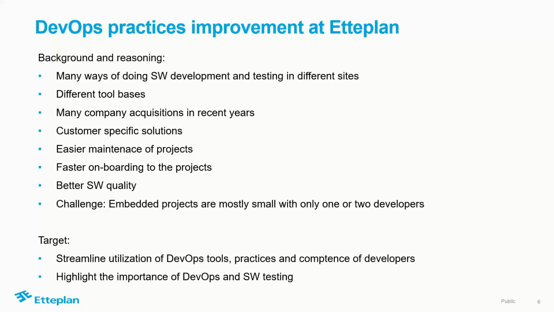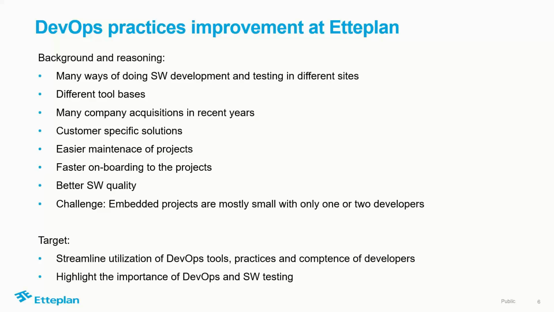So basically we had this idea that we want our practices to be improved regarding DevOps at Etteplan. And basically what are the reasons and background topics behind it is present here.